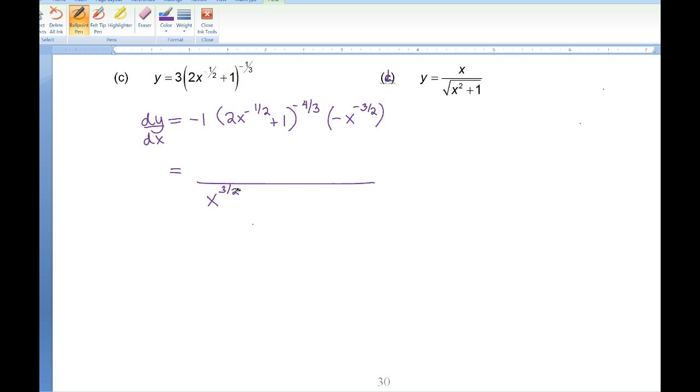That's easy to just switch to the denominator. If you have a negative here, and just look at the x to the -3/2, put that in the bottom. And then if we move this, that's going to be on the top, the 2x.